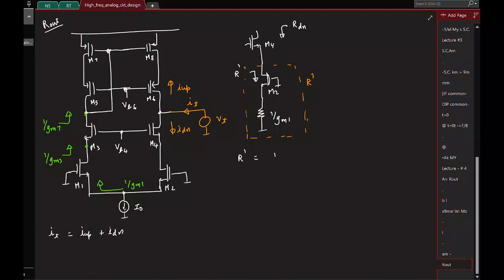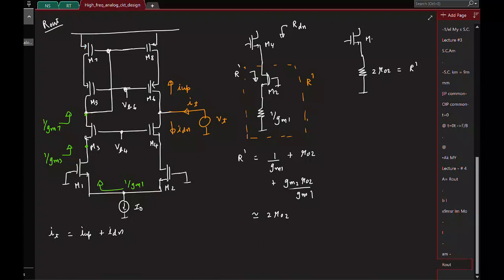You write the complete impedance: 1 by GM1 plus R02 plus GM2 R02 by, again GM1 is equal to GM2, so this is 2 times R02. This was the same thing we did for the last op amp also, no change. So now you see that M4 is terminated by this 2 R02. This is basically the R prime we calculated.